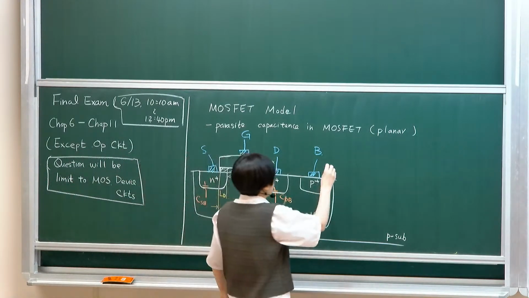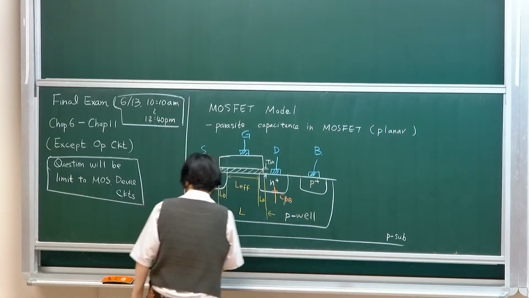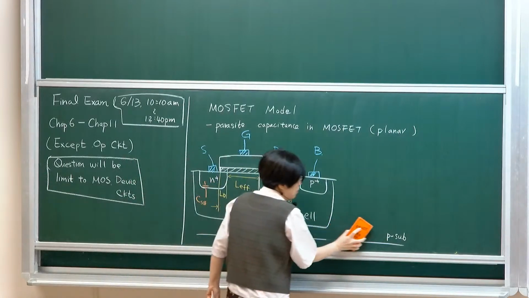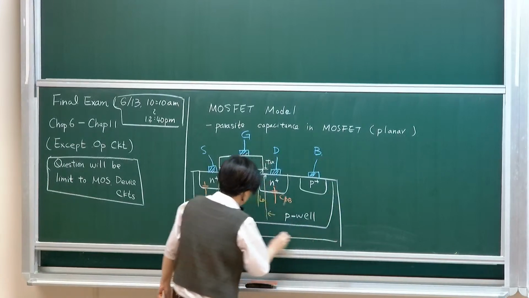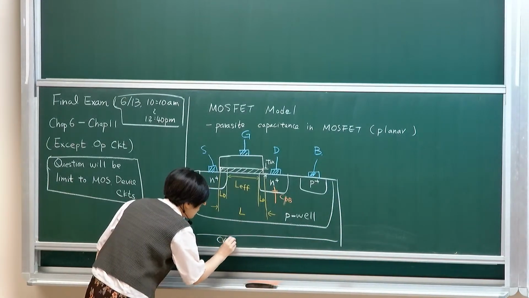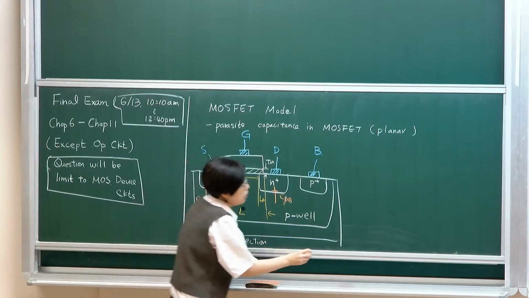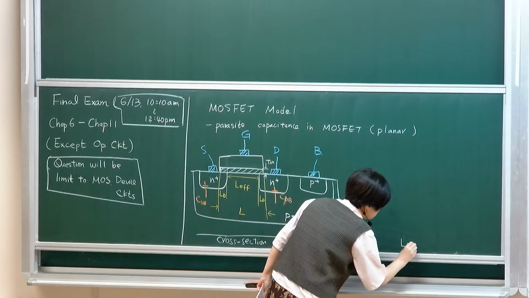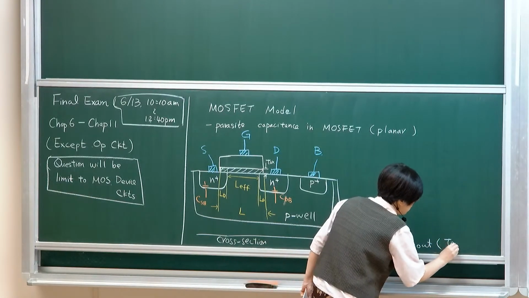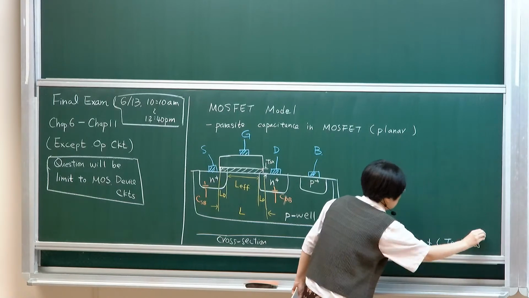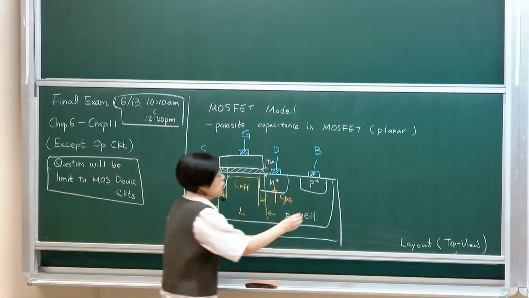So if you look at the top view, this is the cross-section. And if you want to look at the layout, meaning the top view, how you draw, then, as I said, there are parameters like this.